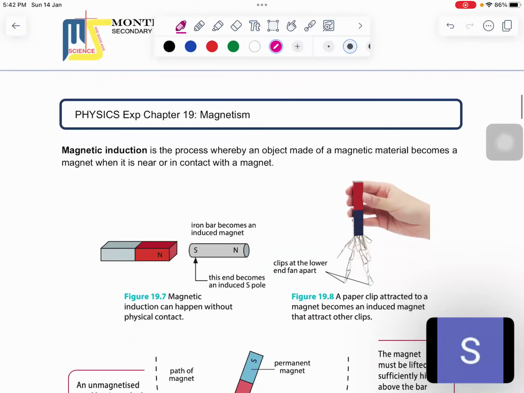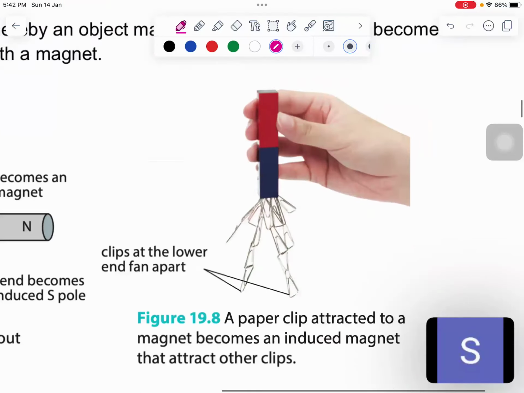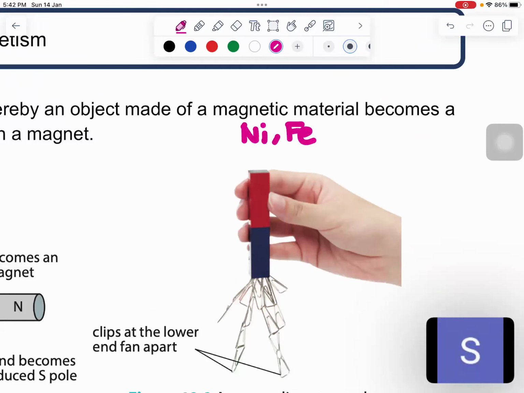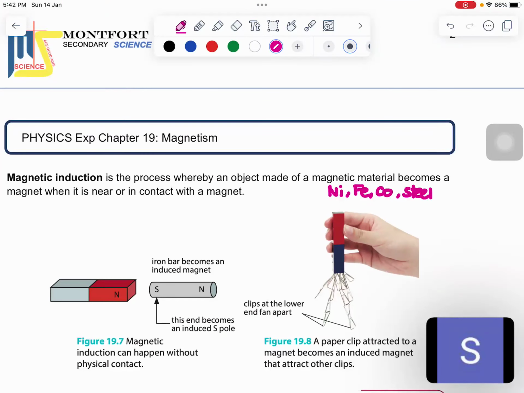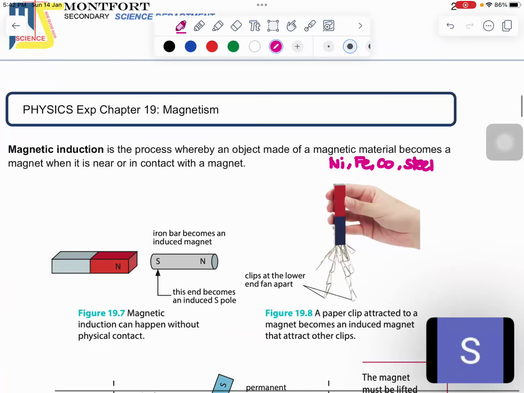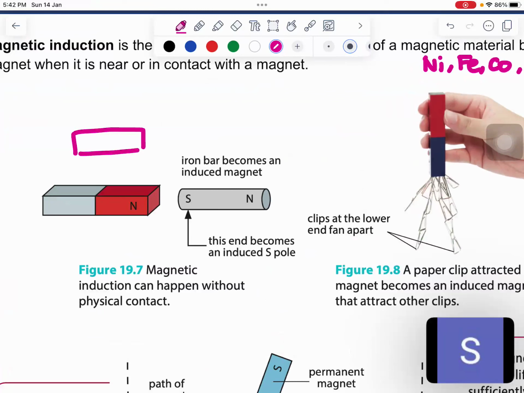Okay, let's look at magnetic induction. Okay, we can actually make an object that is of magnetic material such as your nickel, your iron, your cobalt, or your steel become a magnet. So it's like inducing magnetism. What we can do is have a magnet placed near an iron bar.